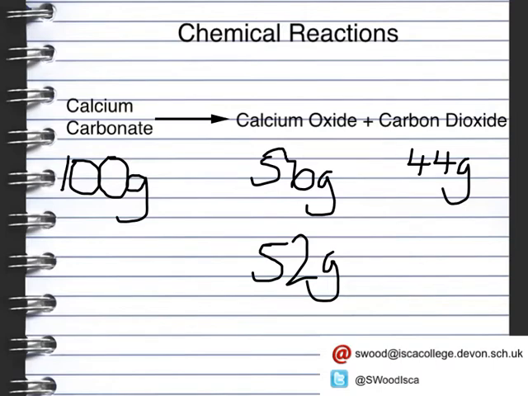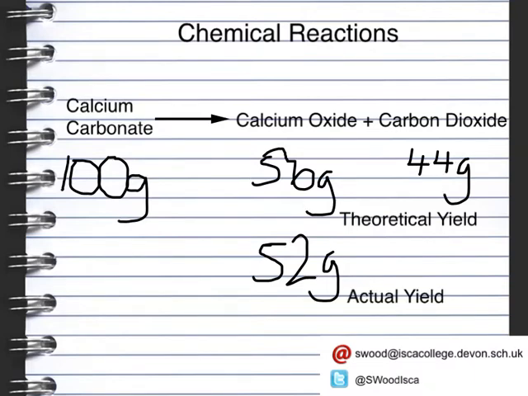We might have lost some of the calcium oxide in various areas. Now what we have here is two bits of information. We have this value here, which is our theoretical yield, and then we also have this value here, which is known as the actual yield.